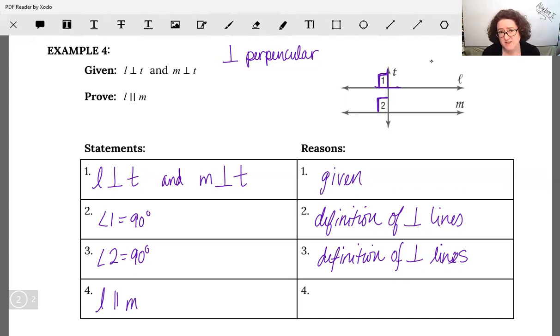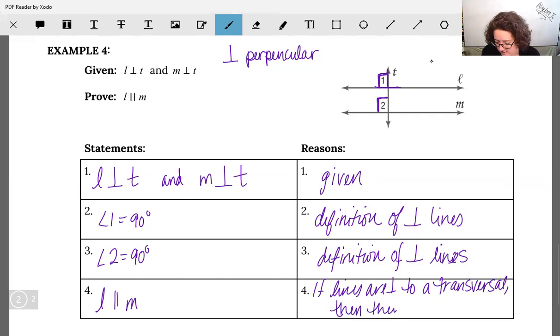So we could actually use a couple different rules here. I'm going to write that fancy one down just in case you see it in a future proof. But if lines are perpendicular to a transversal, how about I spell that correctly? Then they are parallel.